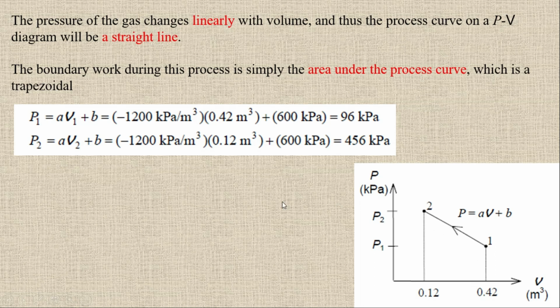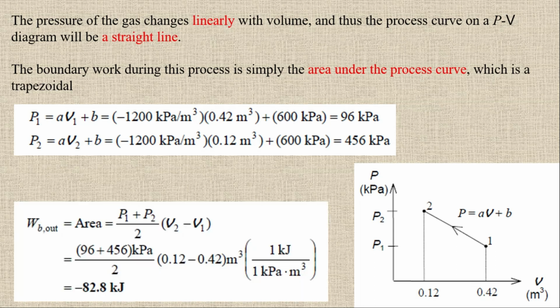Or simply, using the area of the trapezoid, it will be P1 plus P2 upon 2 times V2 minus V1. So this is the formula for the area of a trapezoidal shape. Just putting the values, you will get the answer. The answer is negative 82.8 kilojoule, with a negative sign because it is a compression process.